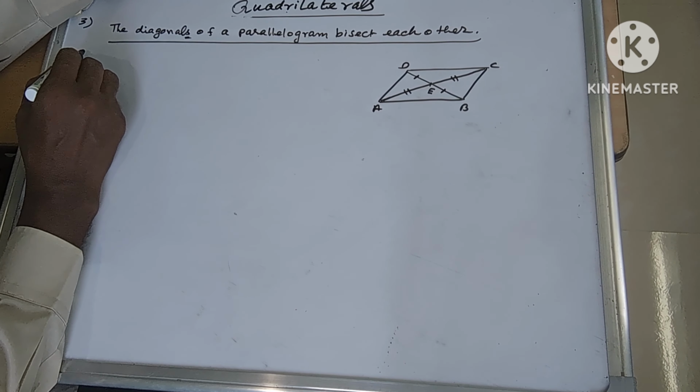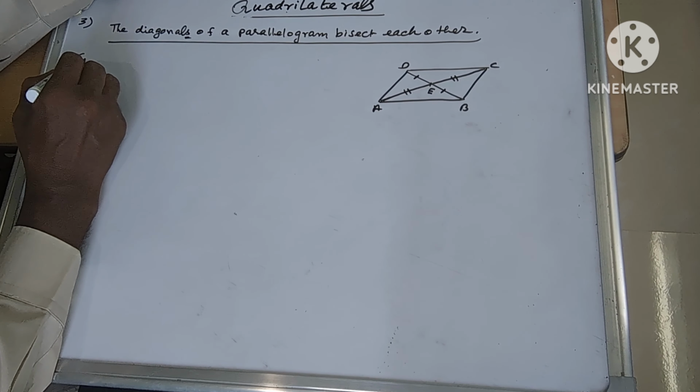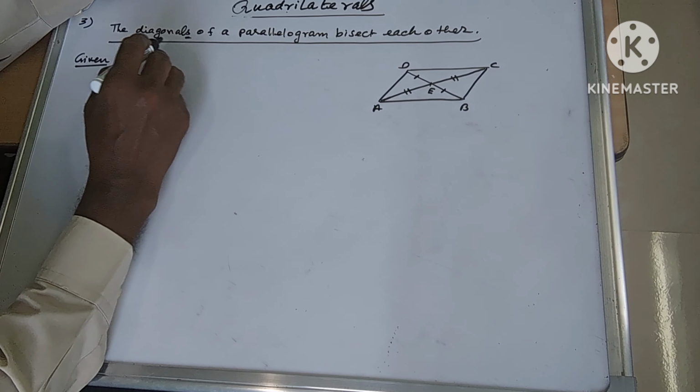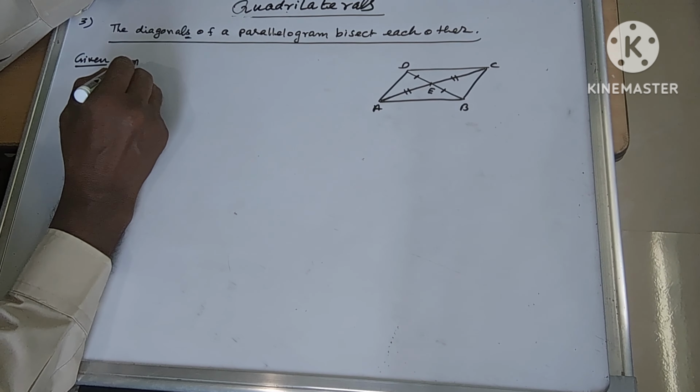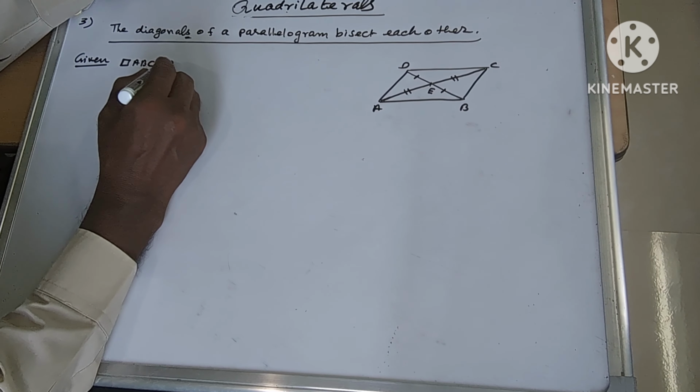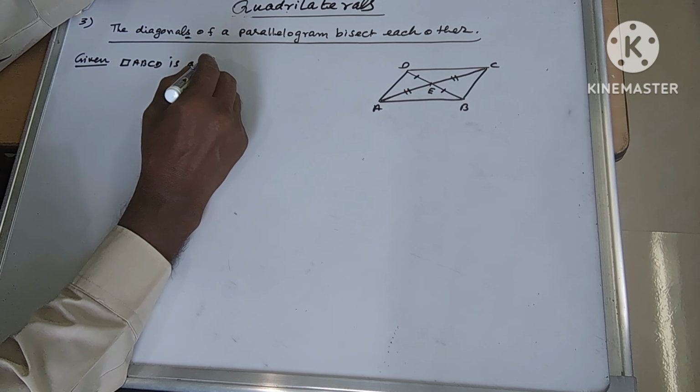So what is given? Given quadrilateral ABCD is a parallelogram.